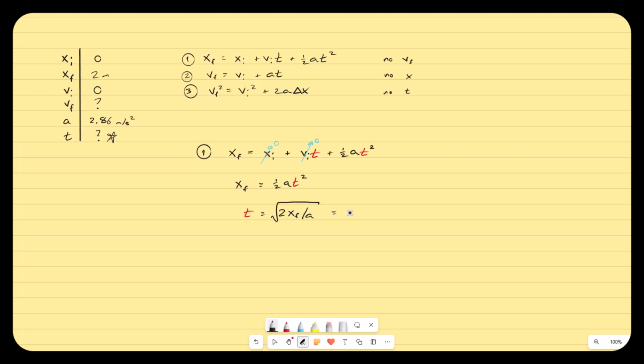So 2 times 2 meters over 2.86 meters per second squared, and I'm going to square root the whole thing. The time that this takes is 1.18 seconds.